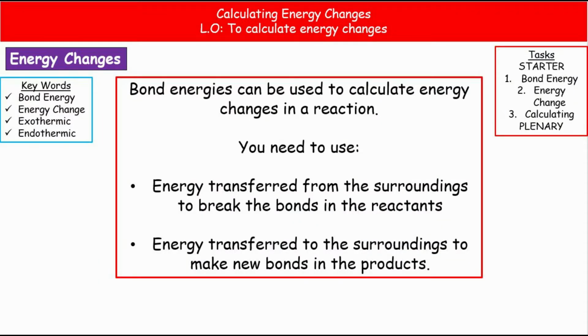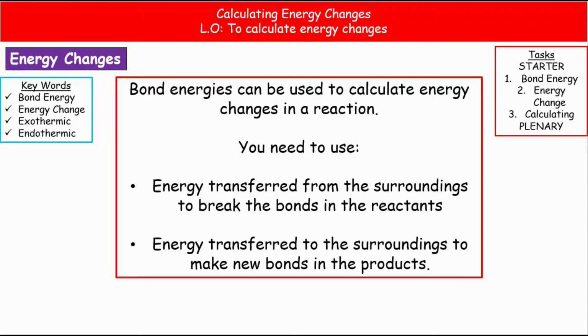So we've worked out the amount of energy we'd need to either break or form any particular amount of bonds. But we need to go a little bit further to really grasp this concept. Because once we know the bond energies within any molecule, then we can actually calculate the energy changes in any reaction.